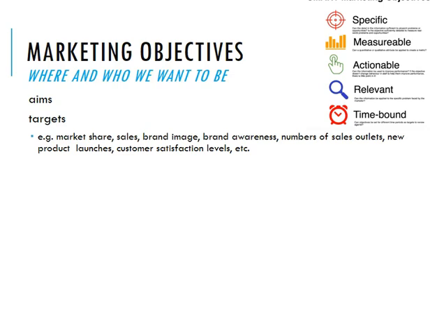It might be improving brand image as measured by XYZ within this time frame. Awareness, number of sales outlets, new product launches, customer satisfaction levels, other net promoter score numbers. All of these targets have to be measurable and time-bound in a strategic plan.